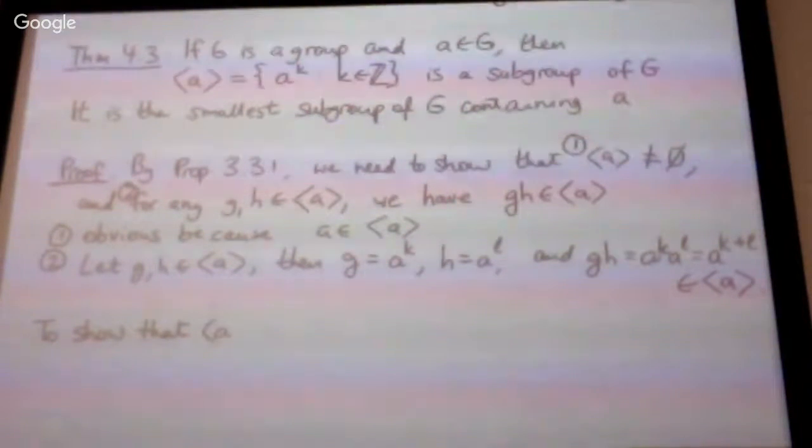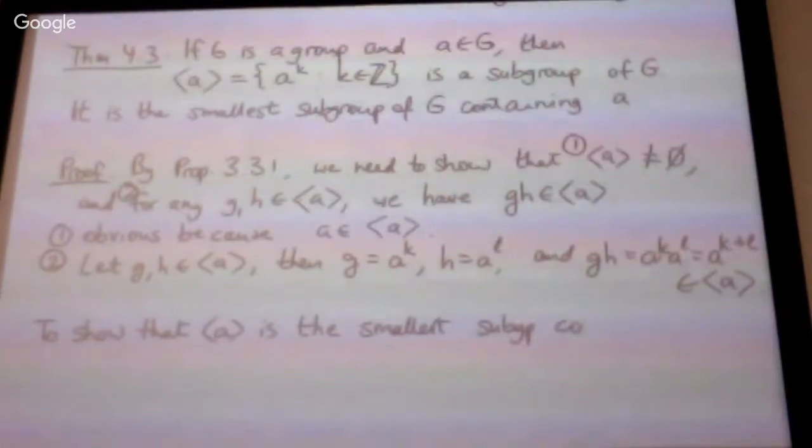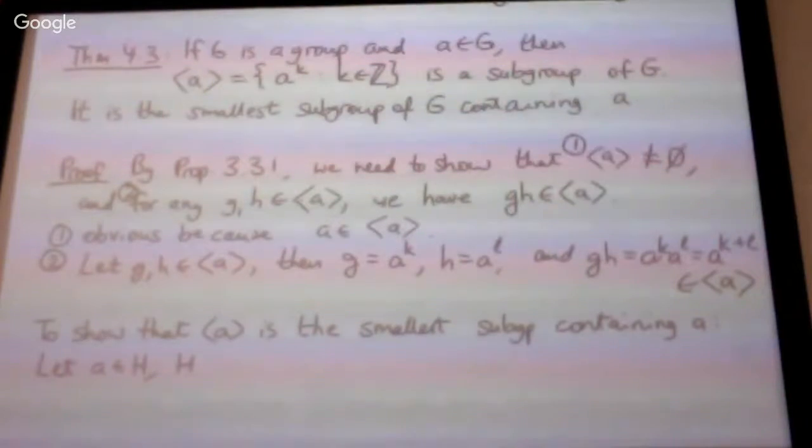Show that this is the smallest subgroup containing A. We take H to be any subgroup of G.